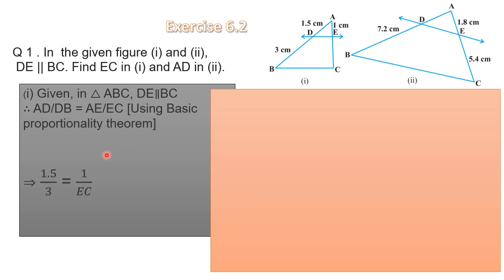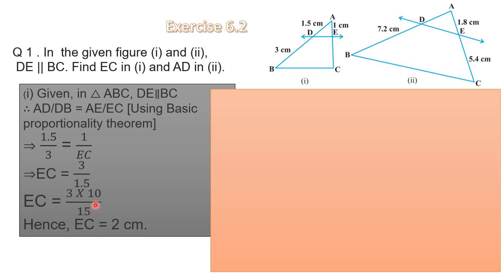Now after putting the values, we get 1.5 upon 3 is equal to 1 upon EC. So by cross multiplication, we get 3 upon 1.5 is EC. After solving this, we get EC is equal to 2 centimeter.